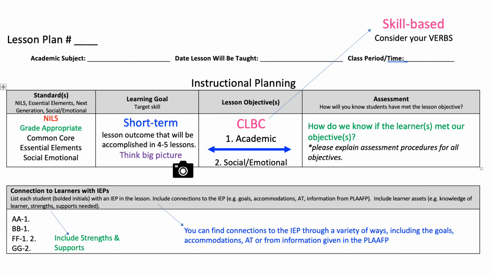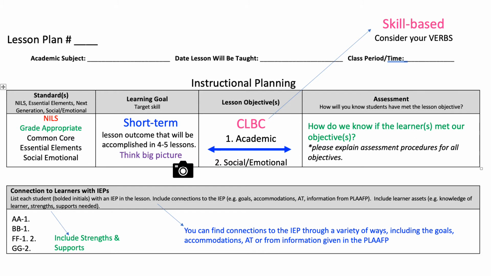For learner FF, they have an IEP connection to the academic objective as well as the social emotional objective. And for learner GG, they have an IEP connection to the social emotional objective. If you have some learners that you're teaching that don't have any connection to their IEP, please include their initials and then you can state NA that there are no applicable IEP connections.